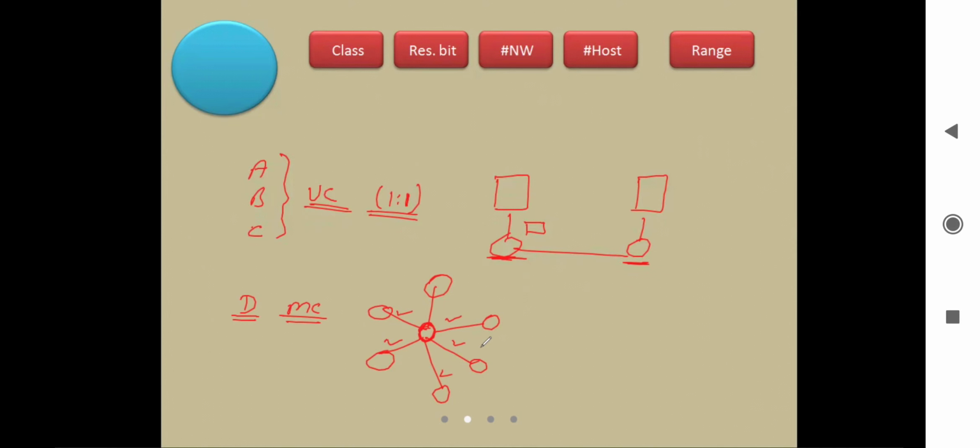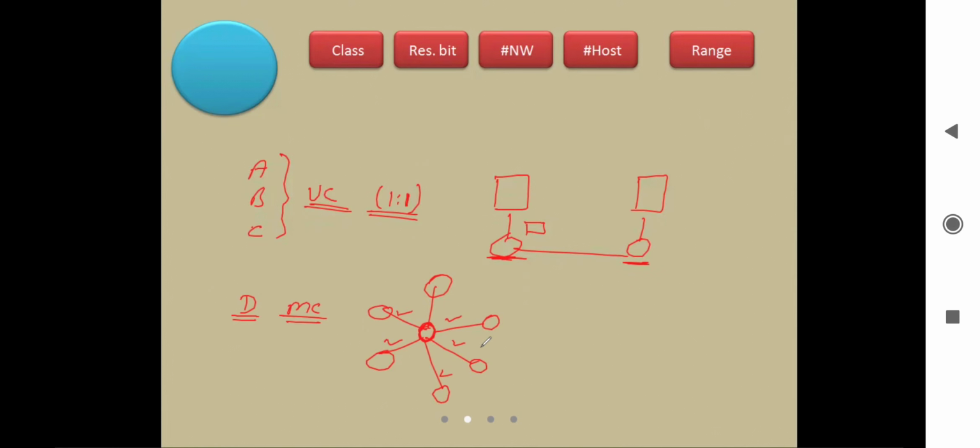Multicasting means a person can transmit a packet to more than two persons. So it may transmit to three persons, four persons, or the entire network also. This is the case of multicasting.